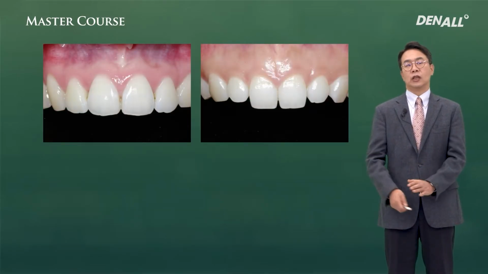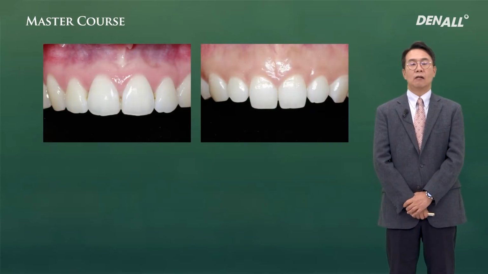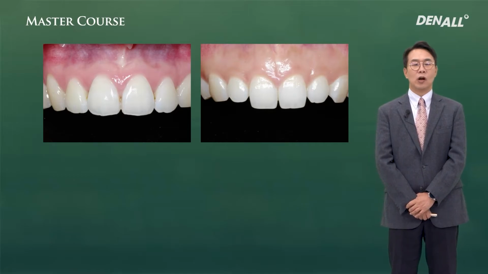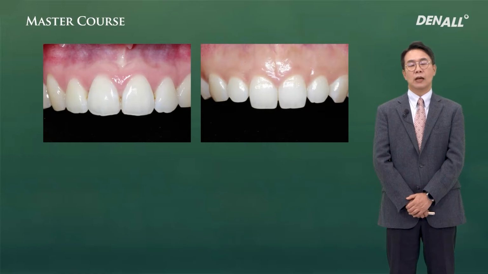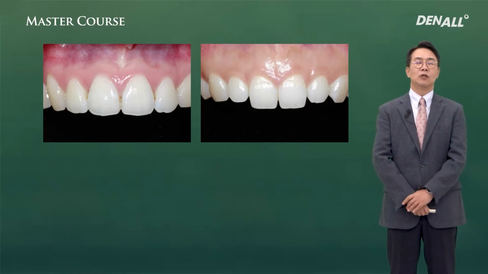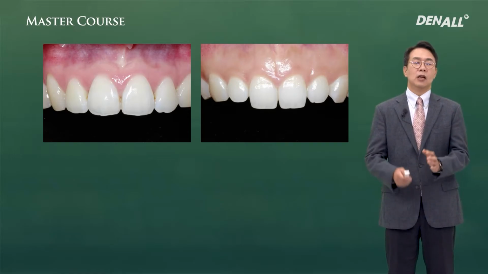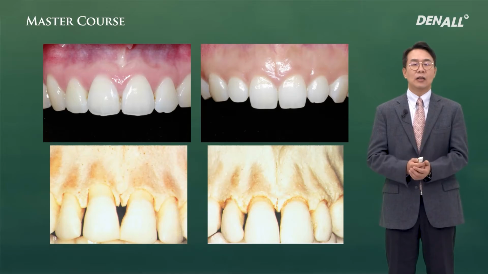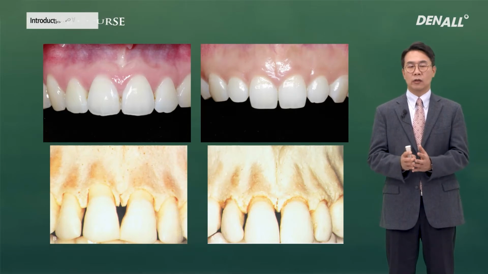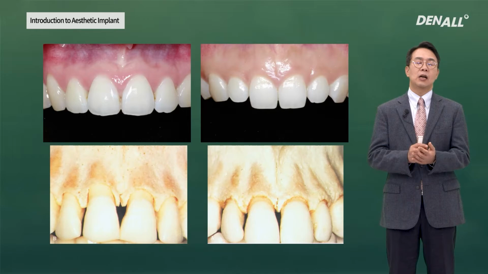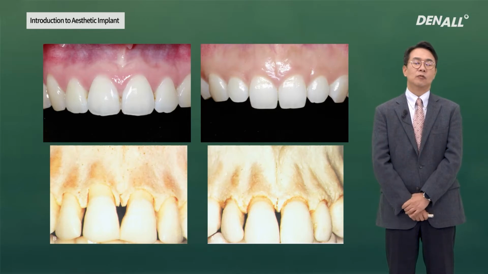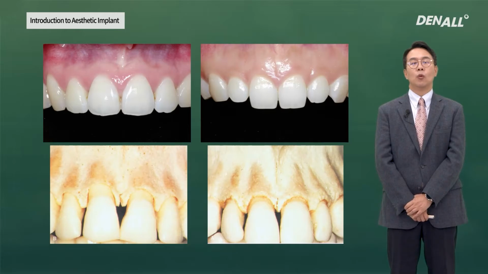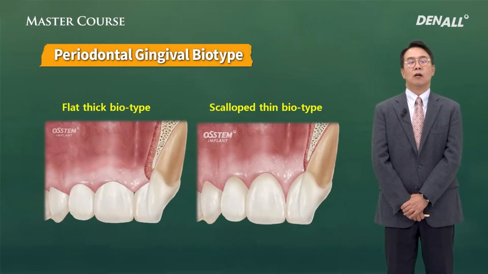If you look at left and right, look at the shapes of teeth. On the left, it's triangular, and on the right, the teeth shape is square. The shape of bone below the teeth and gingiva surrounding the teeth are different in these two, and we need to consider that. Now we use a different term.